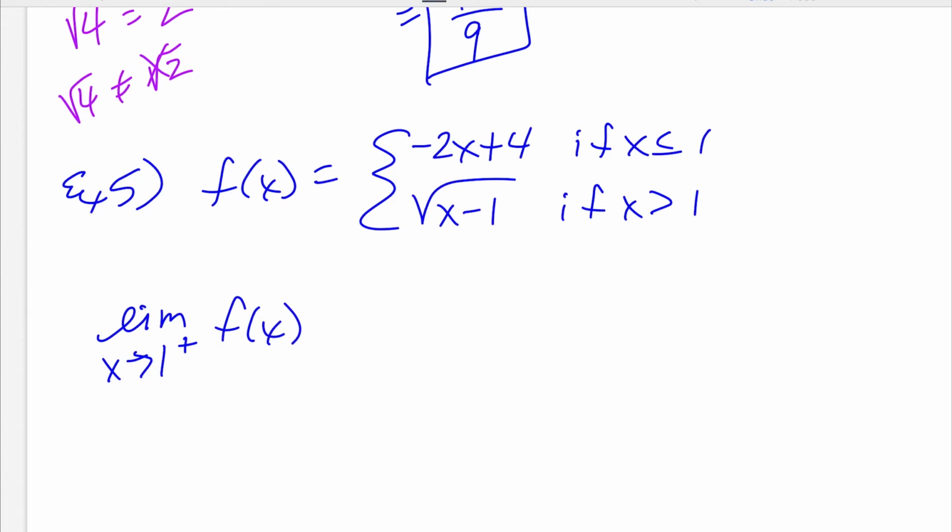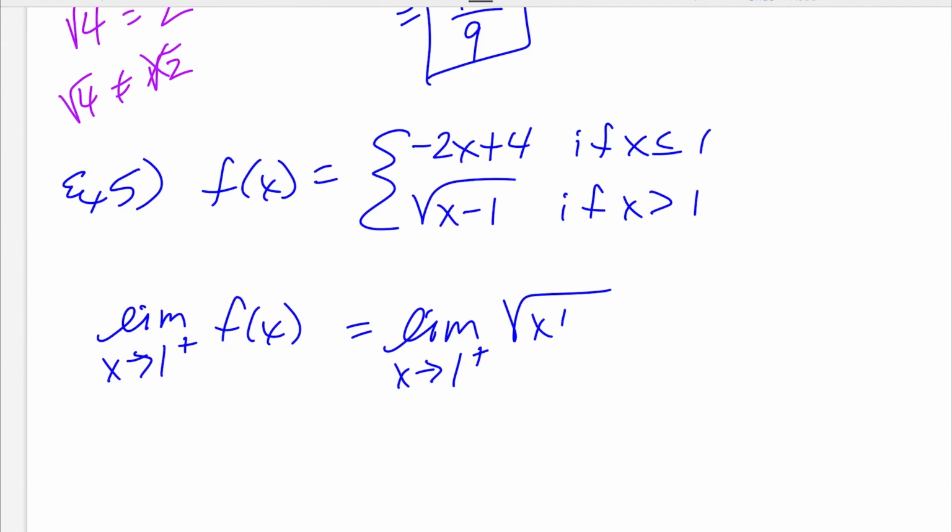The top or the bottom? The bottom, right? Yeah, because I'm coming from the right, where it is bigger than 1. These are the values where x is bigger than 1. So I'm going to plug this 1 in here. This is the limit as x approaches 1 that I'm looking at here from the right.